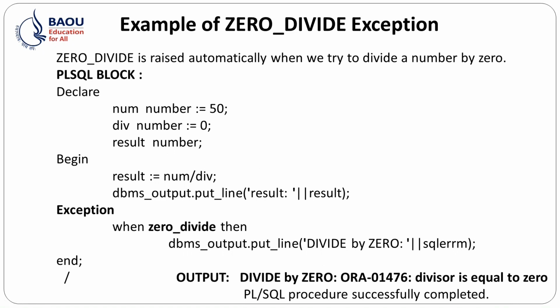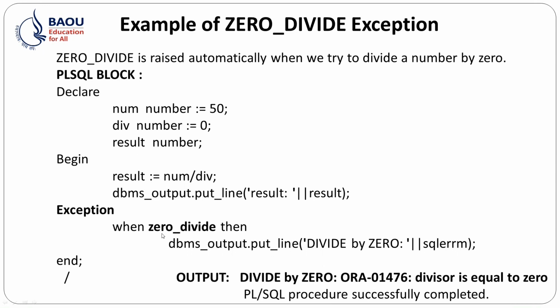We already know a number is not divisible by 0. So, the rule is violated. That's why the exception or abnormal condition is generated here. So, execution control is transferred to the exception section, and here we write the ZERO_DIVIDE exception.